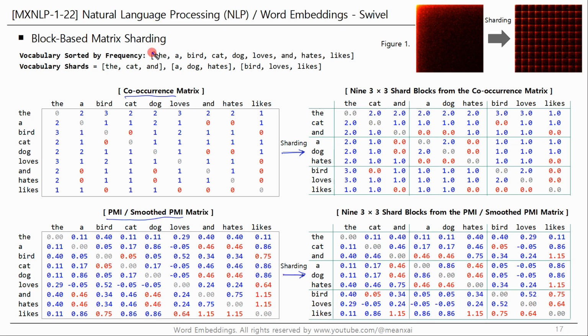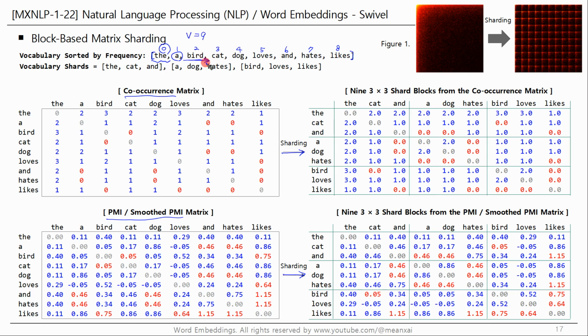First, let's take another look at our vocabulary list, which is sorted by frequency. The word the is the most frequent word, so it has index 0. Next comes a, and as the frequency decreases, the words appear later in the list. The vocabulary size, or V, is 9.